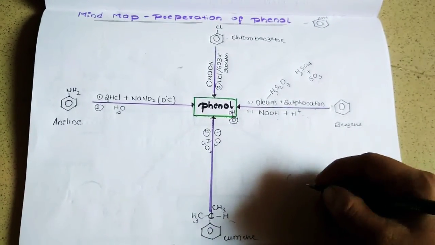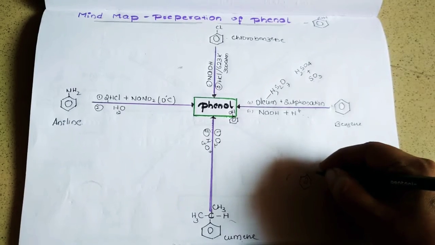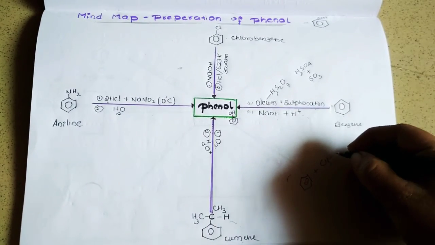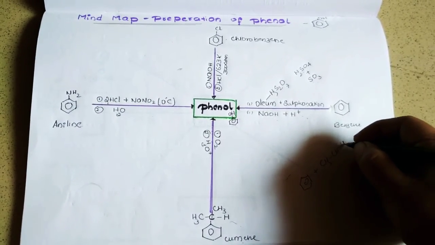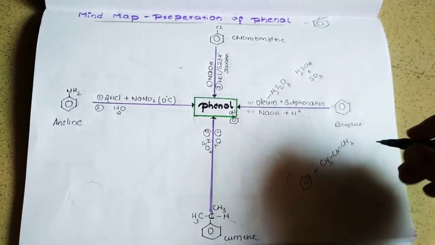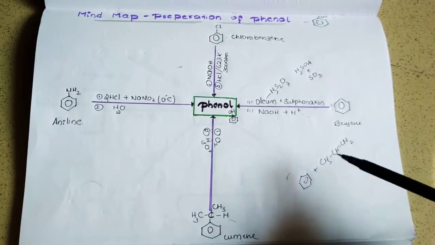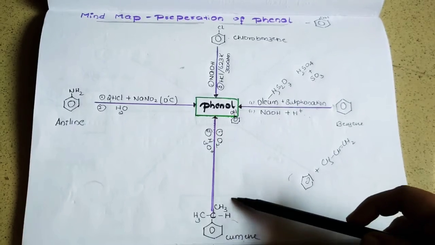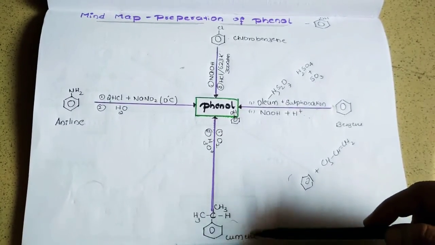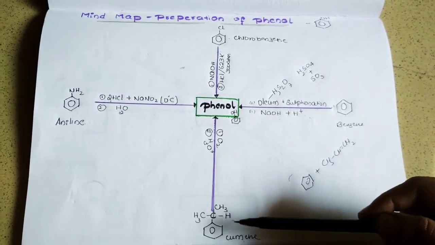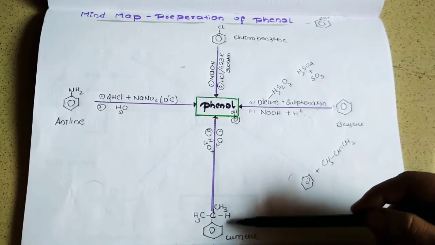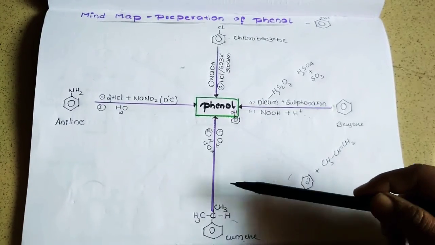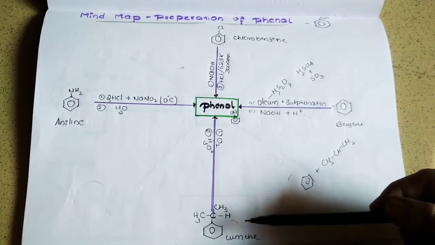I'll just show you. See what happens. Benzene is treated with Friedel-Crafts alkylation, that is by using propene. So alkylation is carried out, and that results in the formation of cumene, isopropyl benzene. This is called isopropyl benzene, also commonly known as cumene.